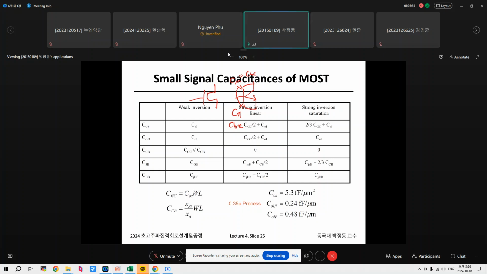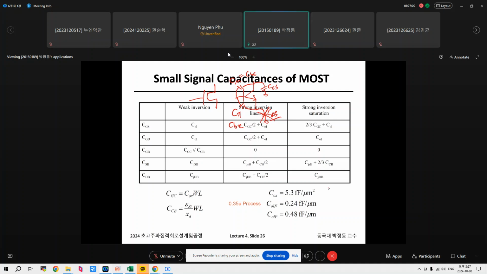You have an emitter to substrate. You have a collector to substrate. How about emitter to substrate? Do you have it? Typically, we don't have this, right? Why?